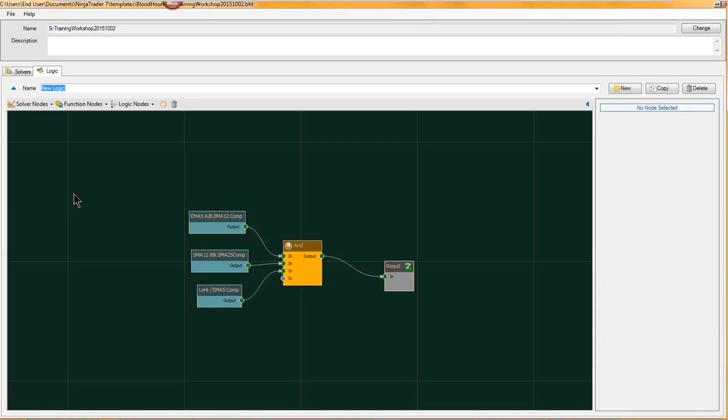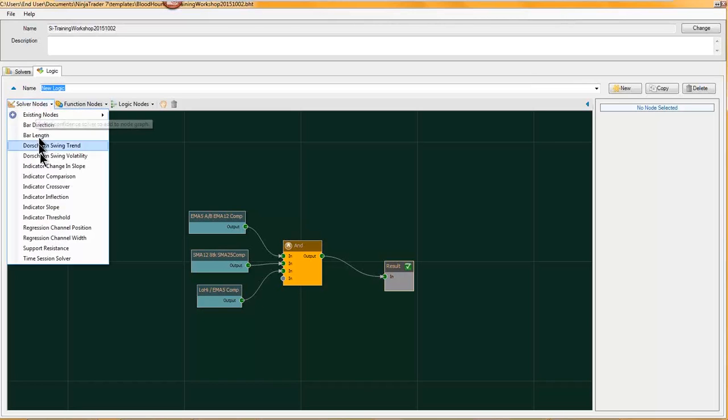Well, it's a combination of things. It's a combination of the number of indicators, but also your conditions and your trade rules as well. Each of your trade rules is going to need a solver node. Some trade rules need 2 solver nodes.